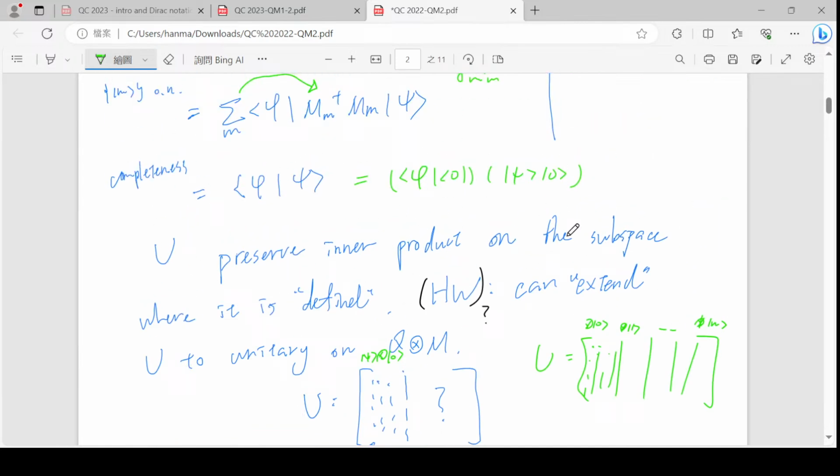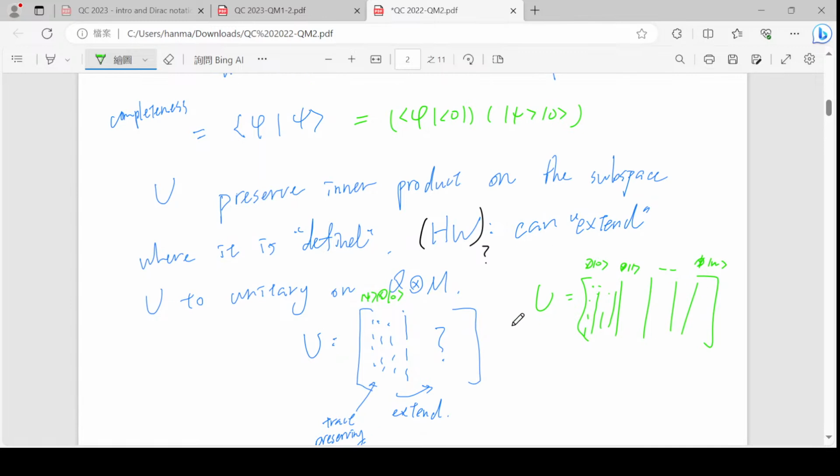So I claim that U can always be extended into a full unitary, because you can just fill in whatever. This is basic linear algebra: if you have some set of linearly independent vectors, then you can always extend it into a basis that spans your whole space.